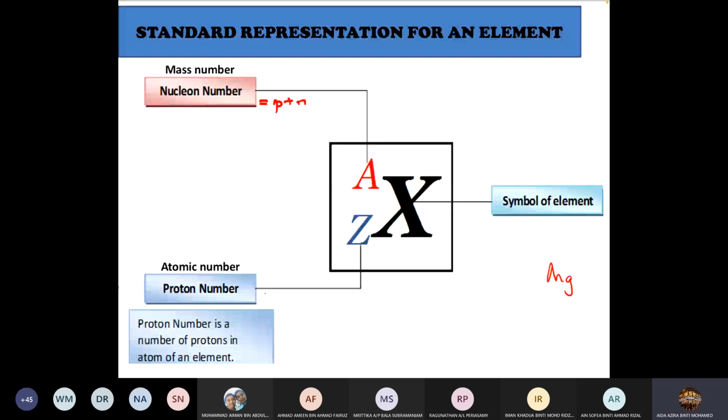How can we get the number of neutrons? Nucleon number minus proton number. Clever. Nucleon number minus proton number. Perfect. Very good. Then, can we know the number of electrons from this standard representation as well? Can or cannot?